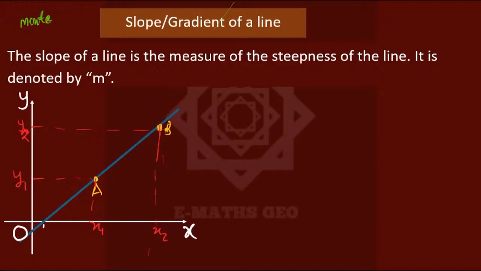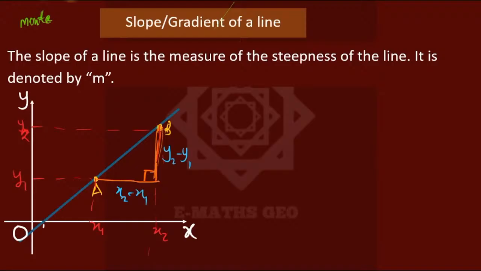We notice that we'll form a right angle triangle with this. Whenever we talk about slope, we're using right angle triangles. From here, we see that the change in y is y2 minus y1, and the change in x is x2 minus x1.